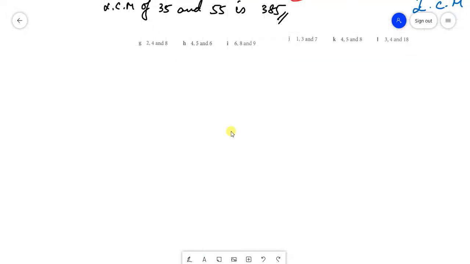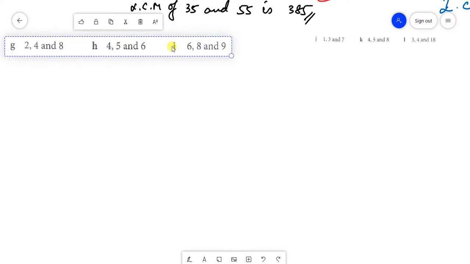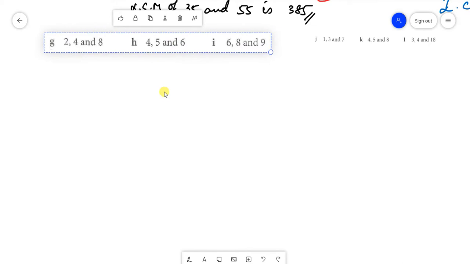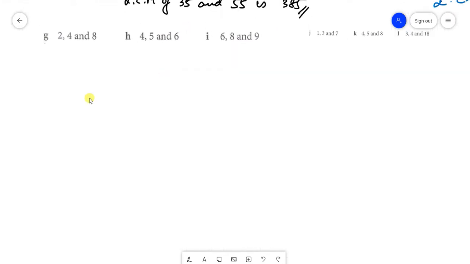Moving on to the next questions. I'll just drag this one here. We might need more space. Okay. G. Oh, now we have three numbers, so we have to find the least common multiple for these three numbers: 2, 4, and 8.